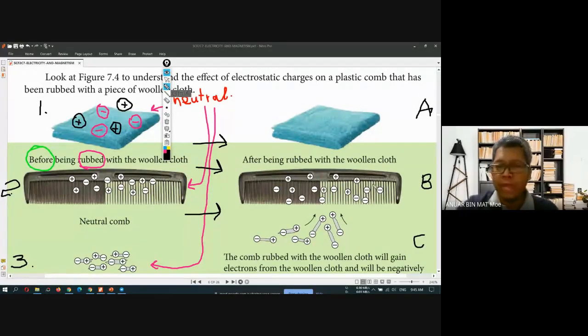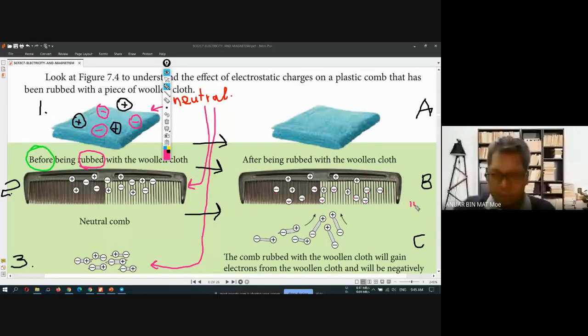You look at the number of charges on the plastic comb first. What is the number of the charges on the plastic comb? Okay, negative how many? Negative we have 1, 2, 3, 4, 5, 6, 7, 8, 9, 10.